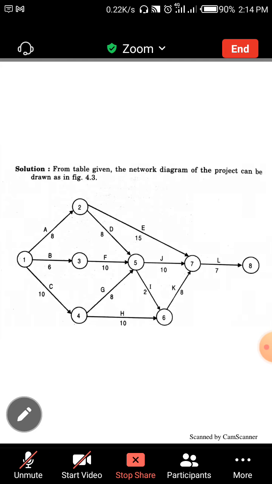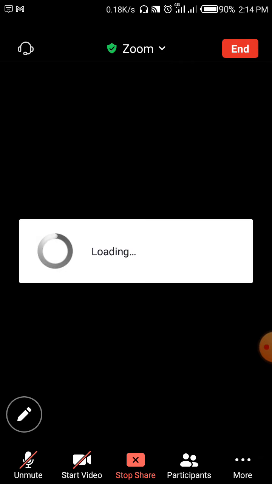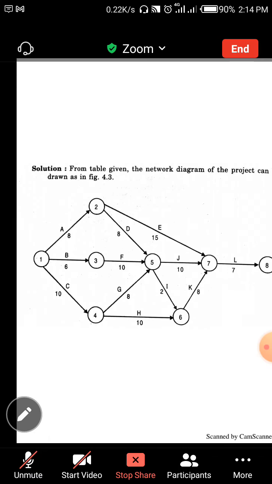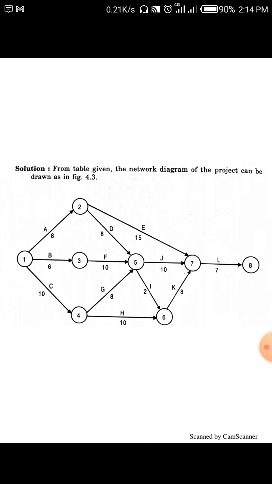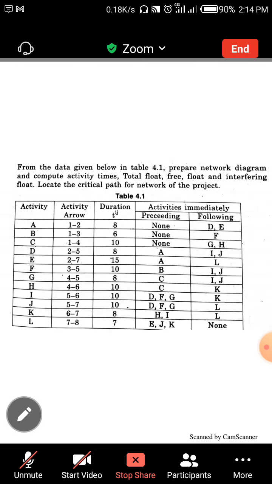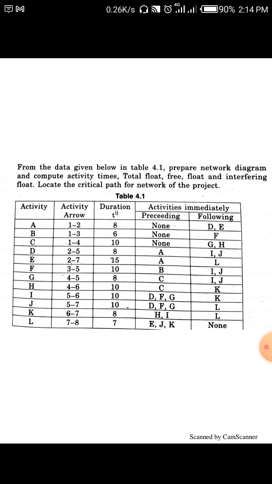Similarly we draw 3 to 5. Then from the table you know that from node 4 two arrows burst, 4 to 5 and 4 to 6.